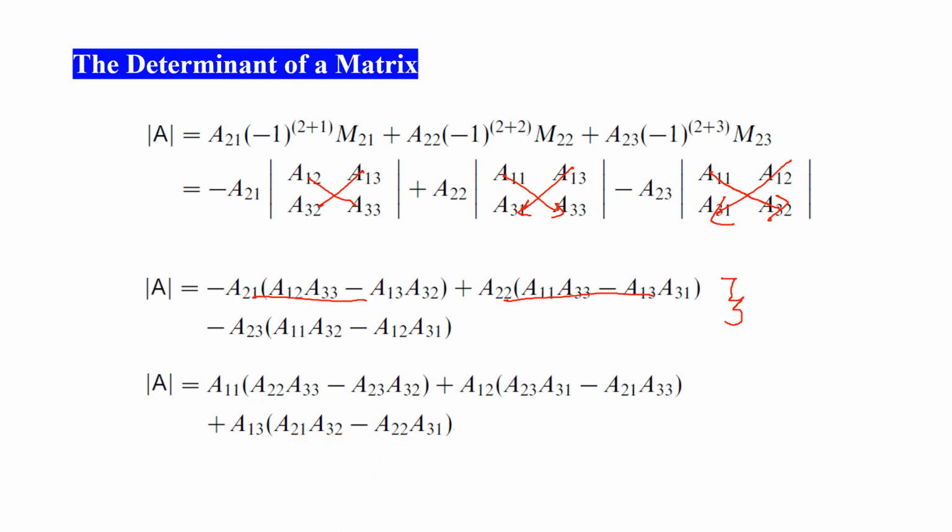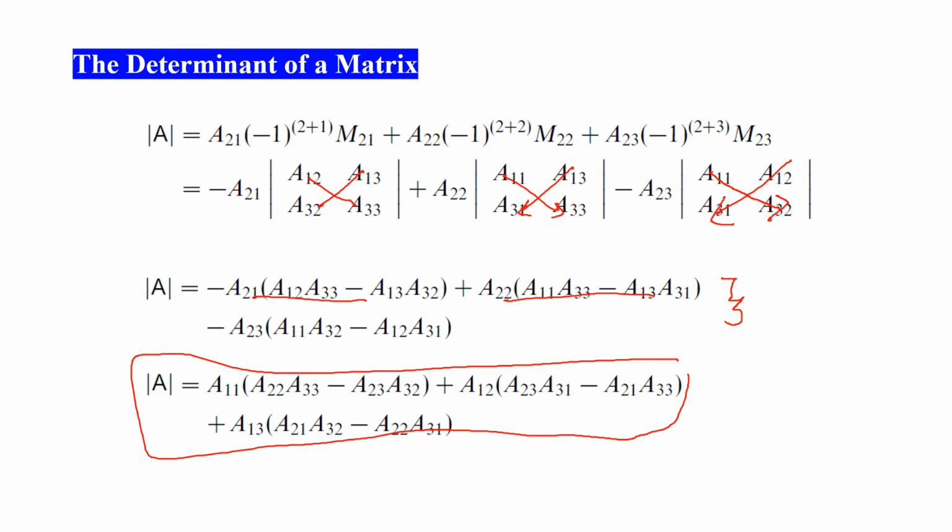So this one here is the determinant of your matrix A. And take note that you can also get the same expression if you use your third column or your first column or your first row. And I will be leaving it to you to show that indeed, even if I choose your third column or your first row, I can get the same answer here.